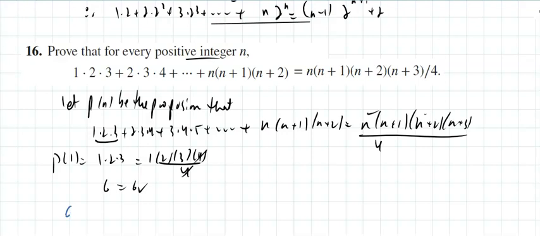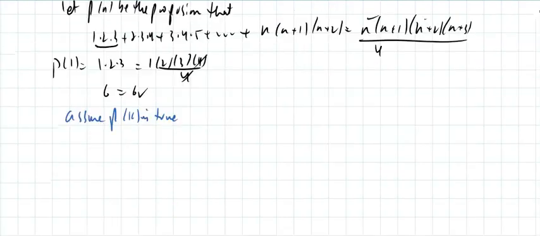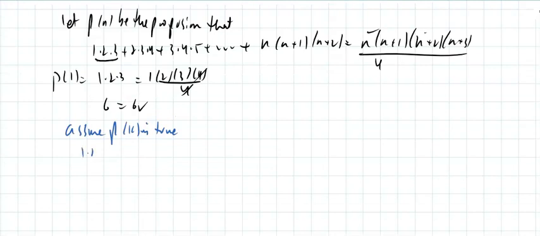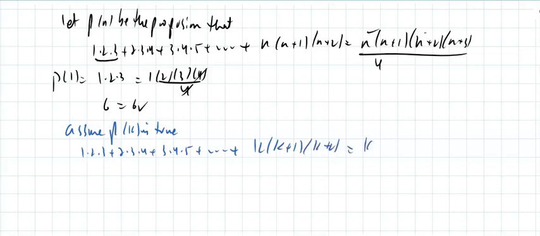Now assume P of k is true. What does that mean? That means assume that 1 times 2 times 3 plus 2 times 3 times 4 plus 3 times 4 times 5 plus k into k plus 1 into k plus 2 equals k into k plus 1 into k plus 2 into k plus 3 divided by 4.